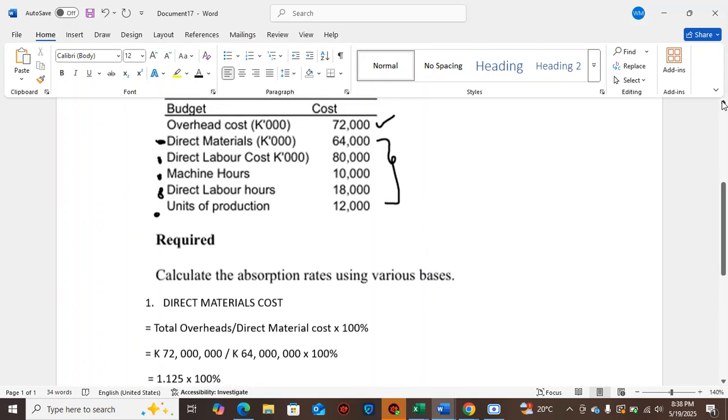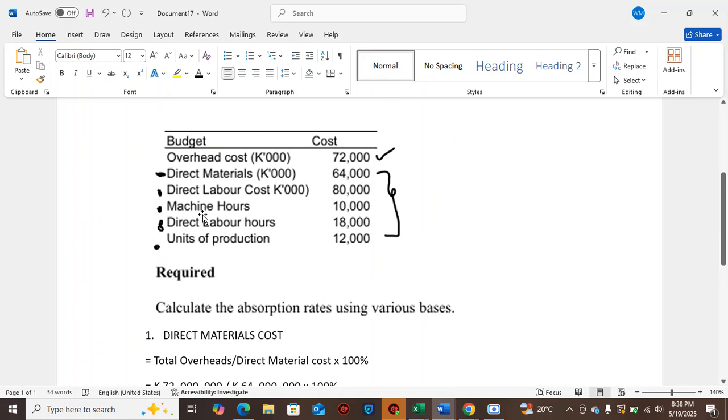Usually in the question, a lot of times you see machine hours, direct labor hours, units of production. You can also see direct materials cost, direct labor cost. So if you see any of them, you can use any of them.